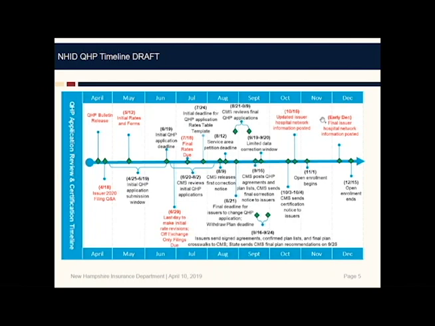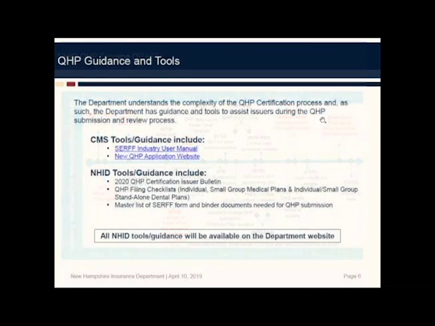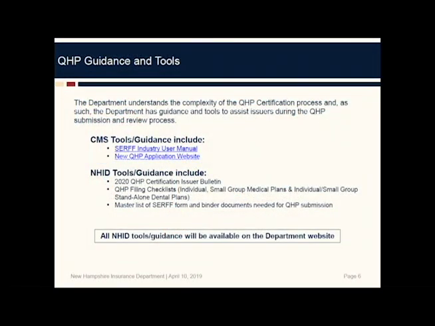We go now to the next slide. This is the QHP Guidance and Tools. CMS does offer some guidance in regards to the SURF industry user manual, and they also have the new QHP application website.